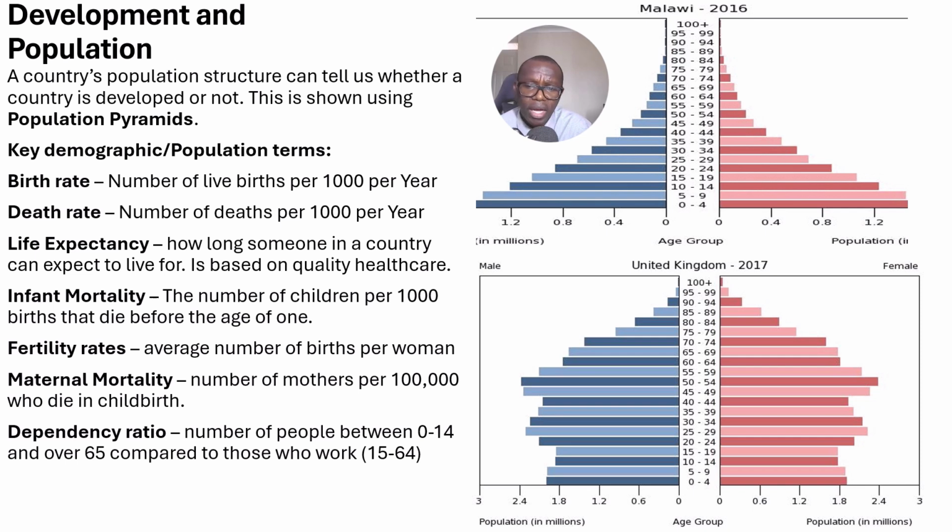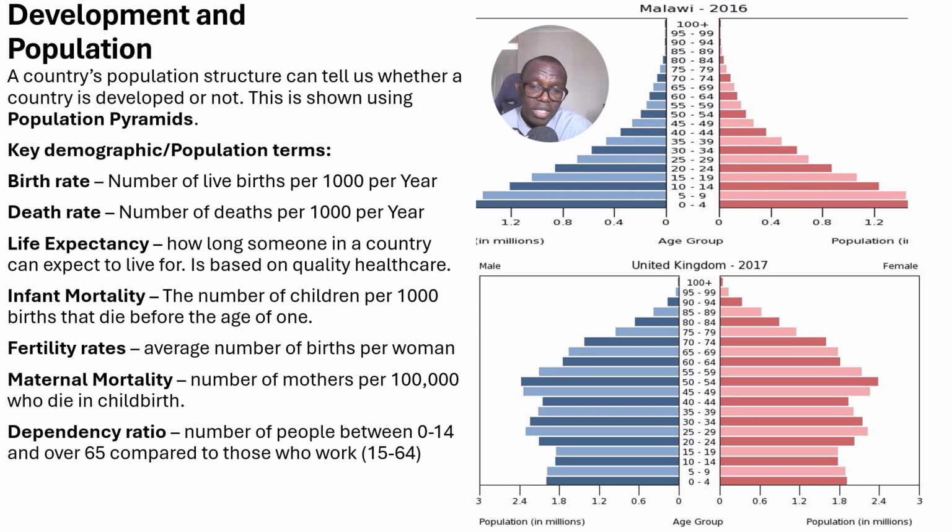Then finally, we can have a look at the steps that are between the different age groups here in Malawi, and we can see that some of them are very big steps, which indicates that the death rates are likely to be fairly high in Malawi. So from very high birth rates, and then the death rates, the large steps here are showing that a lot of people die as well.